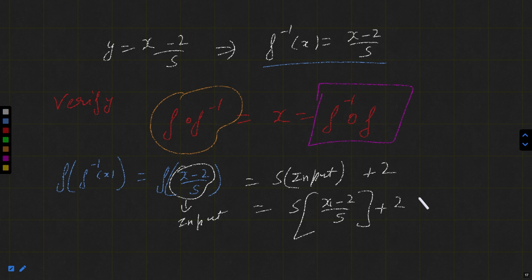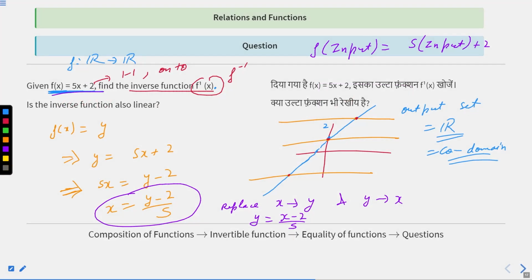You simplify it, what you will get is x. So I have shown that indeed it satisfies this condition. So by definition, it is the inverse of the given function f(x) equals 5x plus 2. I hope that it is clear to you.